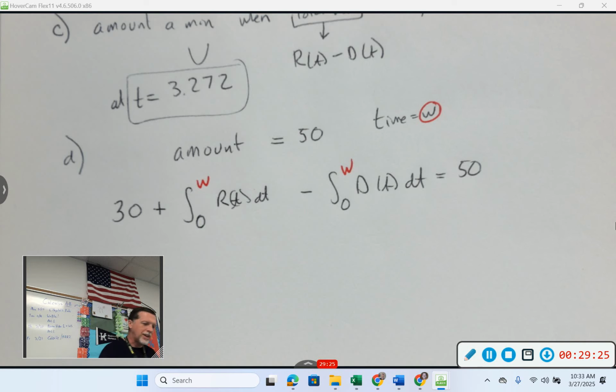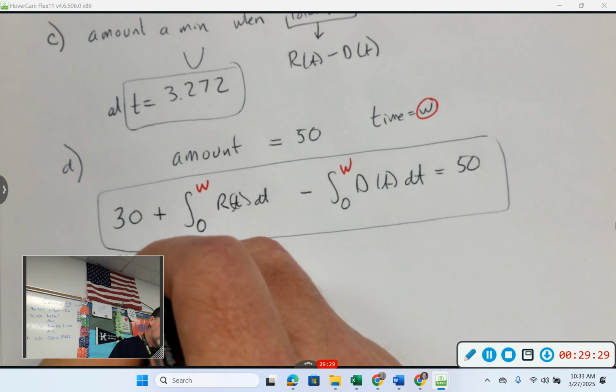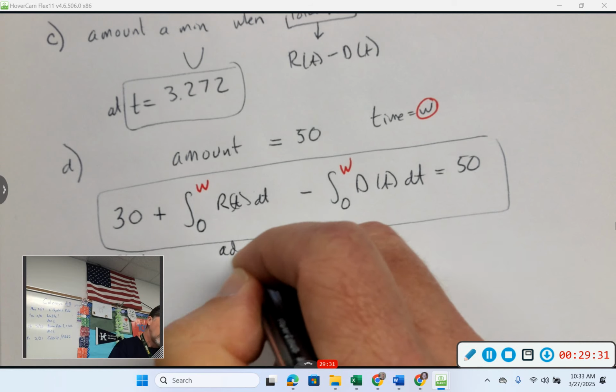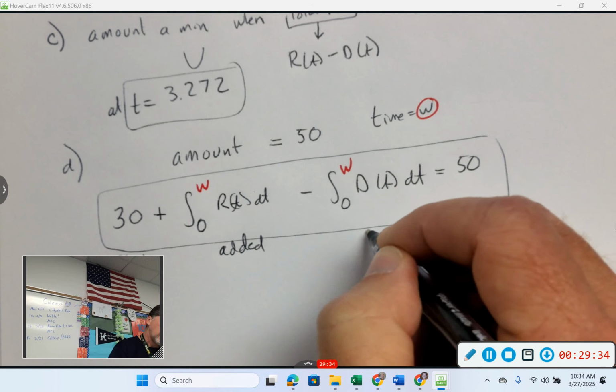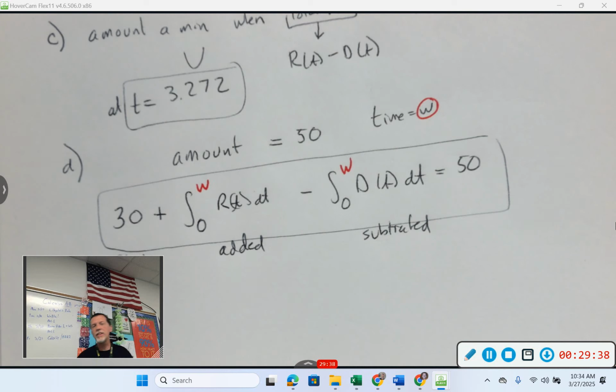It says write but do not solve. We started with 30, we added some, we subtracted some, and whenever that equals 50, then the pipe is full and we're overflowing, and who knows what disaster is happening.